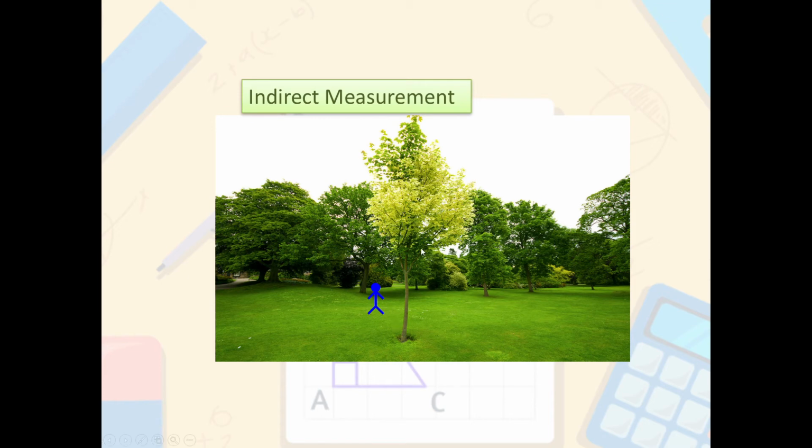You are thinking about estimating the height of this tree. And it's a sunny day. Luckily, it's a sunny day. Then you will see the tree will cast a shadow here. Because the tree and you show up at the same time. So the shadow should be the same ratio.